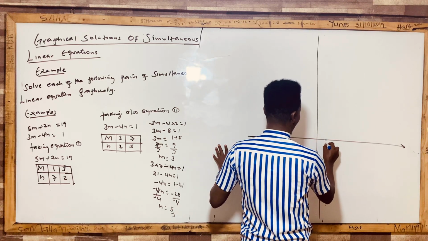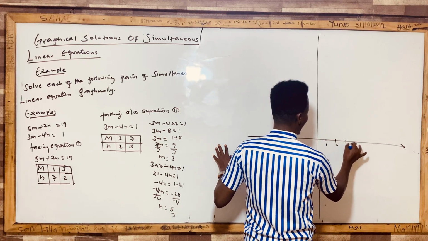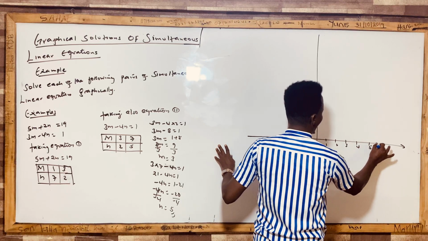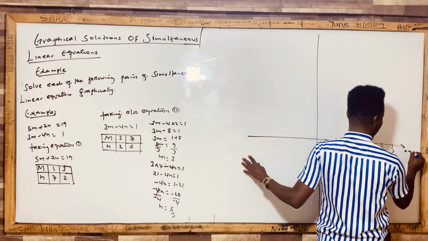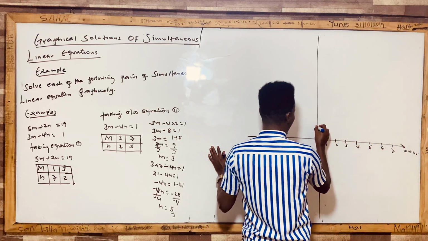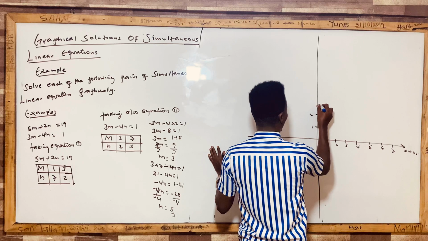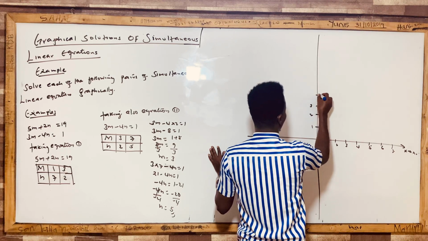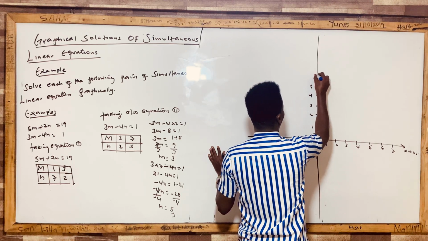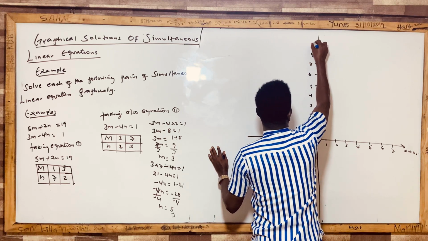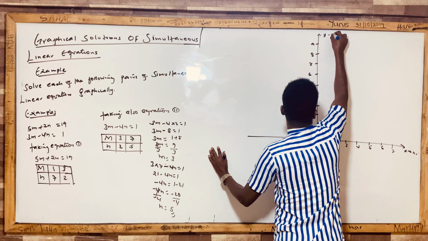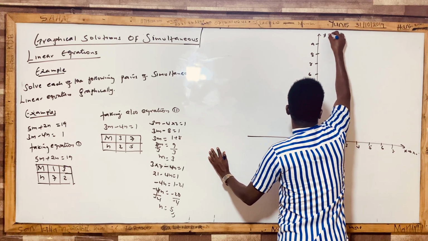Now, this is 1, 2, 3, 4, 5, 6, 7. Remember this one? X-axis. This is 1, 2, 3, 4, 5, 6, 7, 8, 9. This is y-axis, okay?